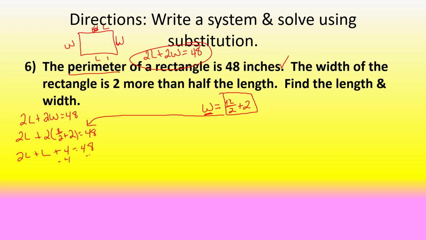Subtract 4 from both sides, and 44 is equal to 2L plus L. All right, so we're left with L equals 44 divided by 3.